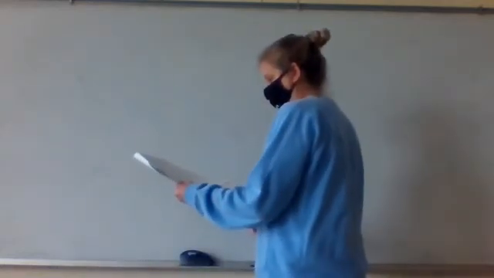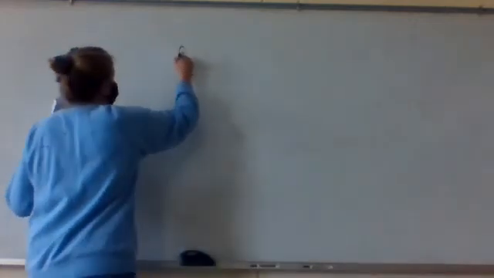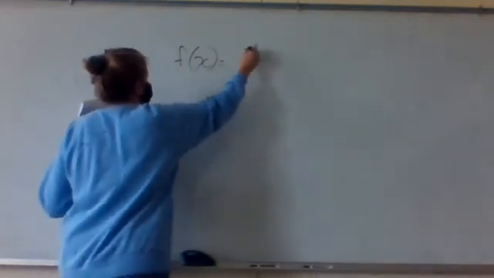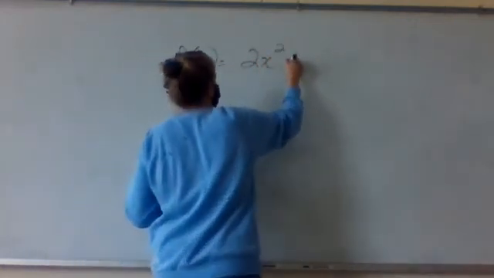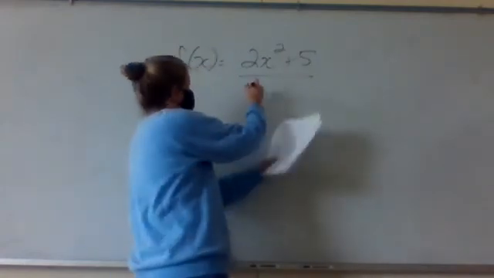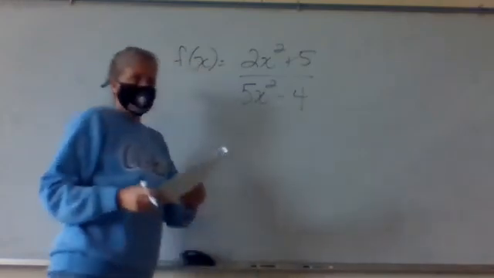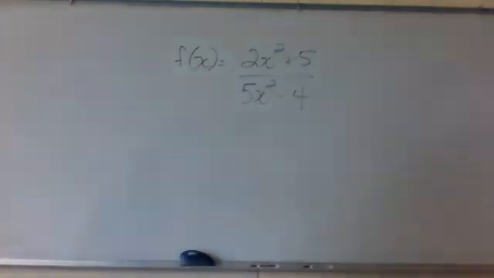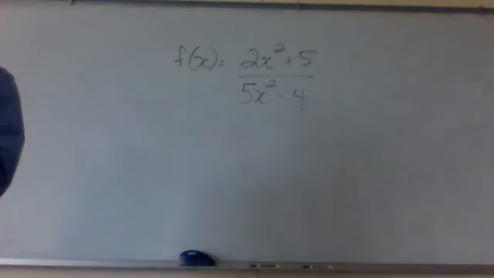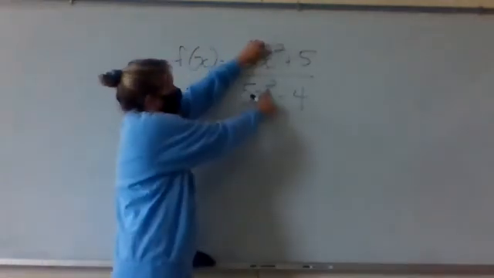Where you have f of x equals 2x squared plus 5 over 5x squared minus 4. So again, it's asking you to find the horizontal asymptote. So you want to look at the degree of the top compared to the degree of the bottom. Well, the degrees of both of them are 2, right?